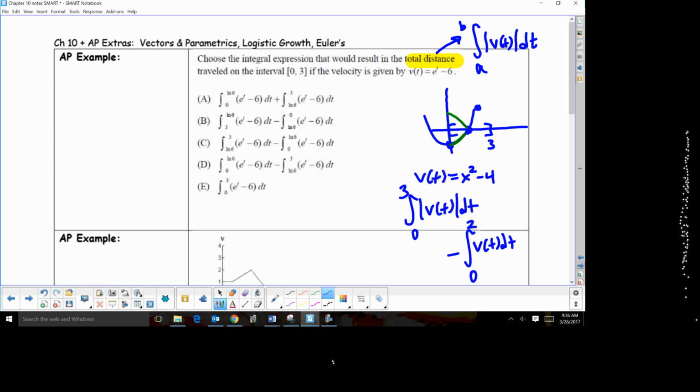Negate it. And then add on from 2 to 3 and leave it alone. And that would be the absolute value, yes? Okay, so you guys try it for the one that you have. No calculator still, you can do this.